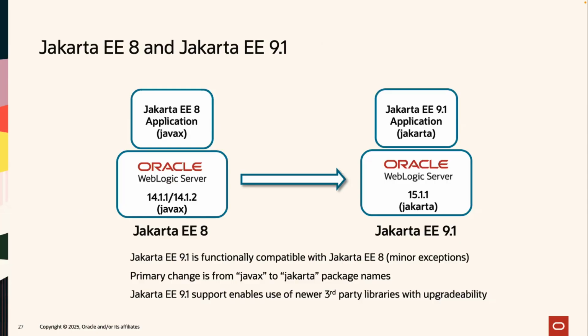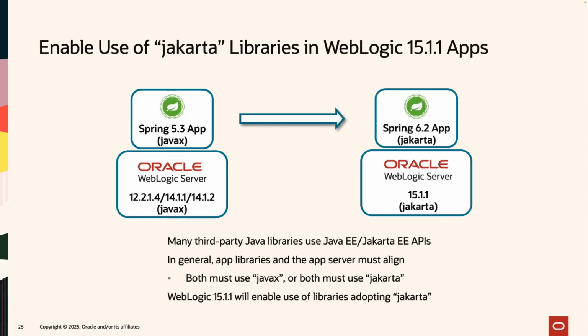And moving to WebLogic 15.1.1 will enable you to use newer third-party libraries that use the jakarta package names. As an example, Spring is an example of a third-party Java library that uses Jakarta APIs.